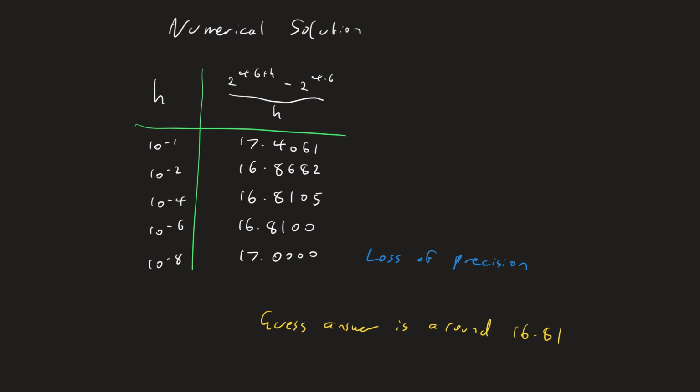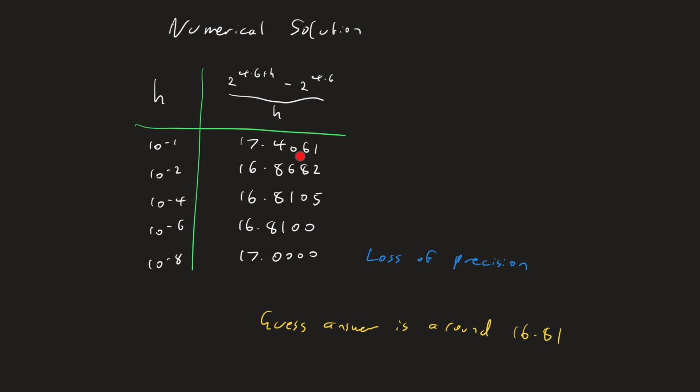nonsensical answers. For this particular problem, we compute the finite difference approximation, first when h is 0.1 to get 17.4061, then when h is 0.01 to get 16.8682, then h is 0.0001 to get 16.8105, then when h is 10 to the minus 6 we get 16.8100, and this is all looking very nice.